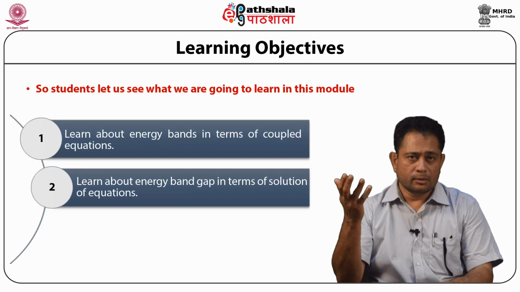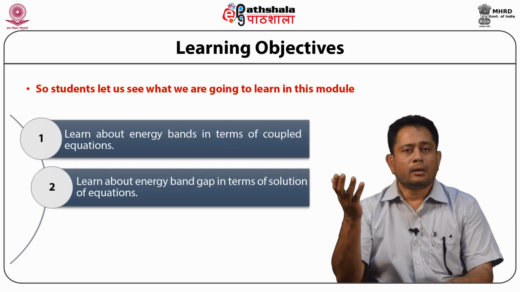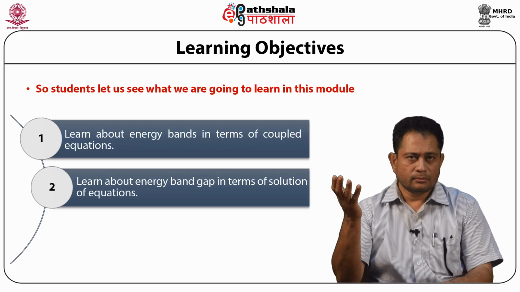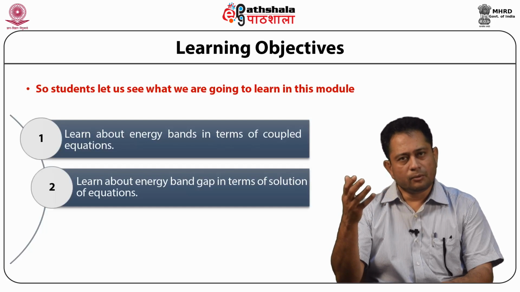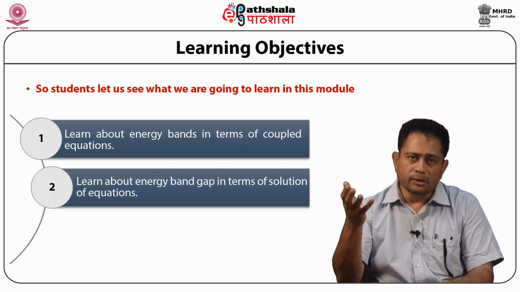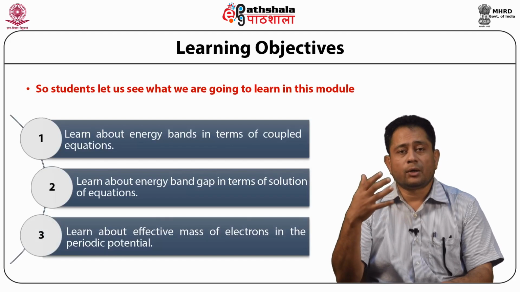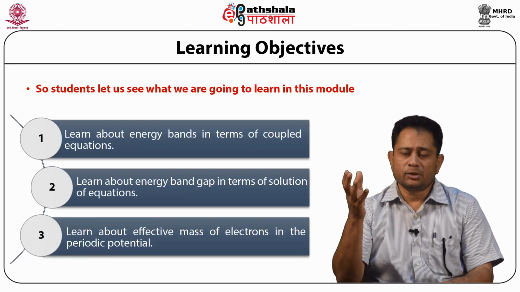So these equations will generate some solutions, and these solutions would be the eigenvalues, and from these eigenvalues you can derive the energy band gaps. Also learn about the effective mass of electrons in these periodic potentials.